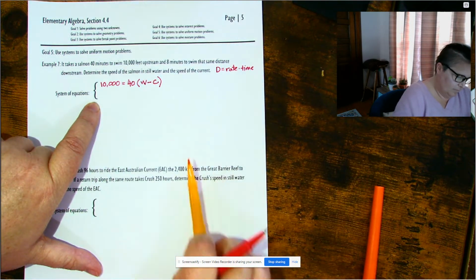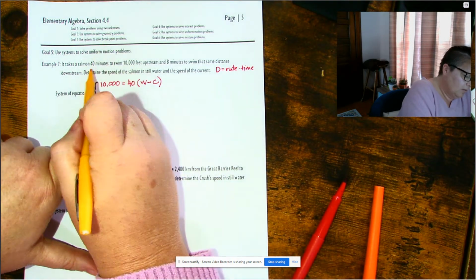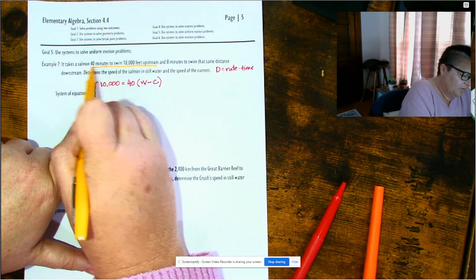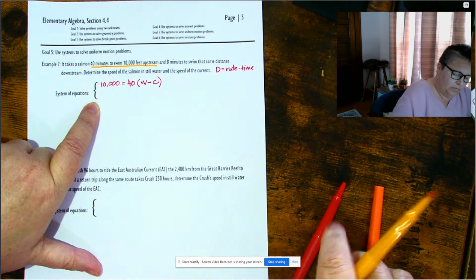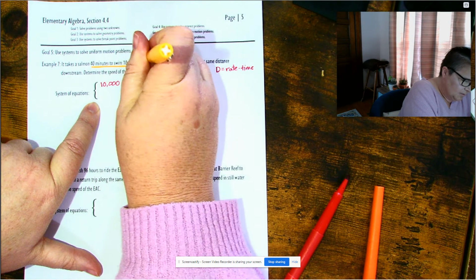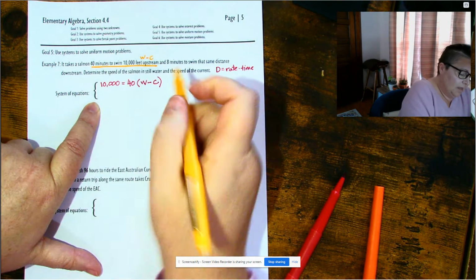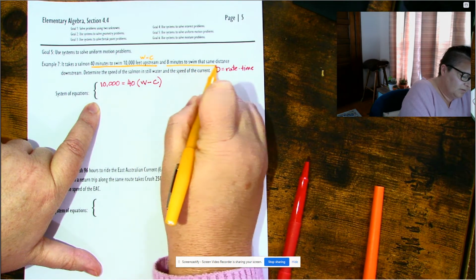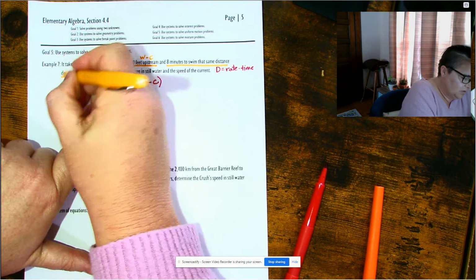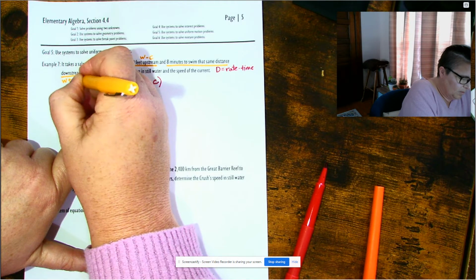Similarly, 40 minutes to swim upstream. Upstream is W minus C. And it takes 8 minutes to swim that same distance downstream. Downstream is the water plus the current.